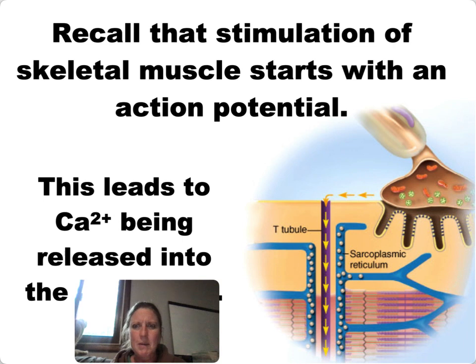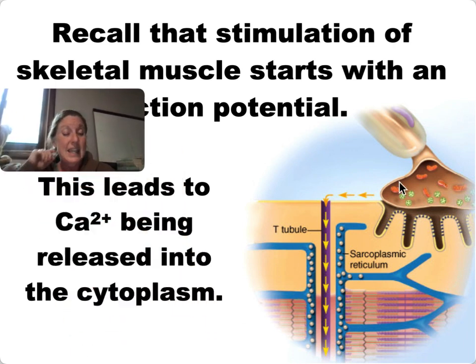And you kind of remember these steps, right? It was a lot. So in the end, and this is true for both cells, this action potential causes the release of calcium inside the cell, and that calcium is what acts as the trigger for muscle contraction.